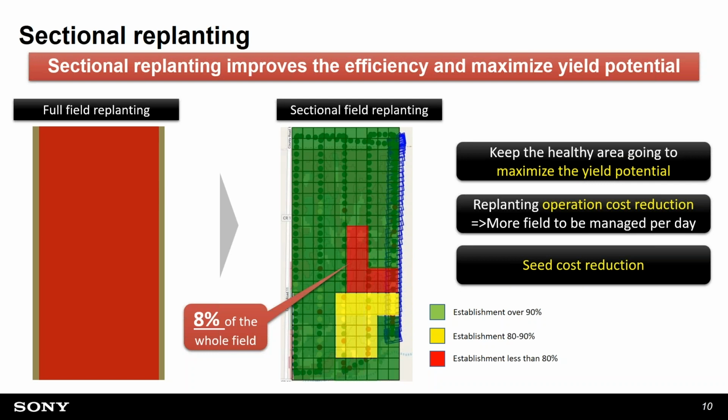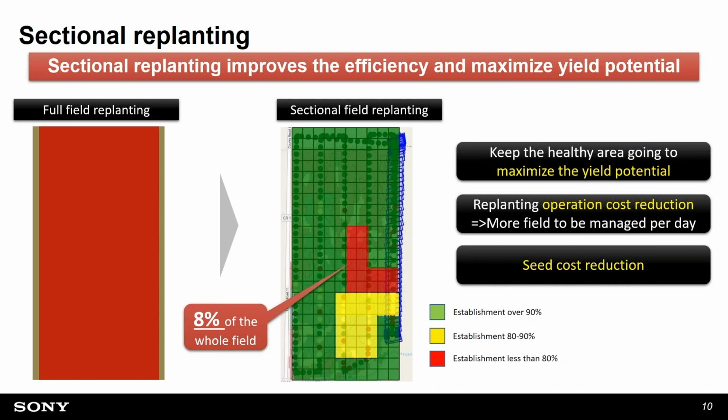And if you replant only the red section, then the operation cost can be reduced, which means you can cover more fields to replant. Also, the seed cost for replanting is reduced. So there are lots of benefits to this sectional field replanting concept.